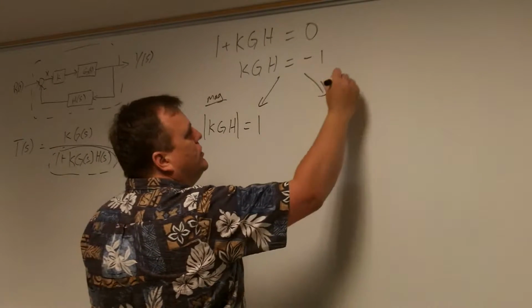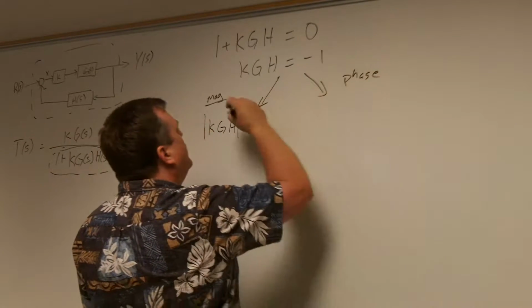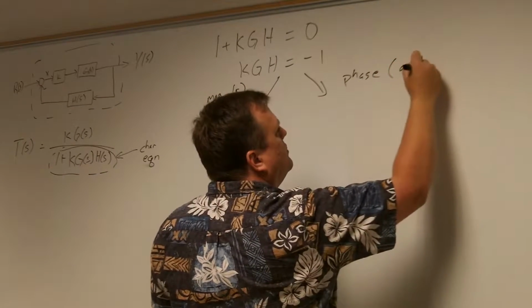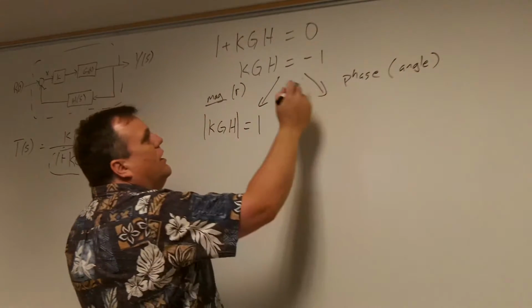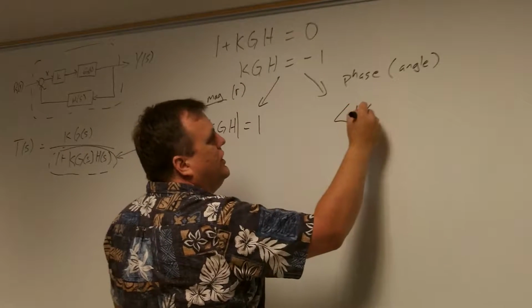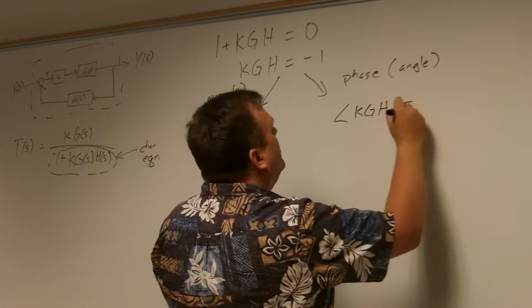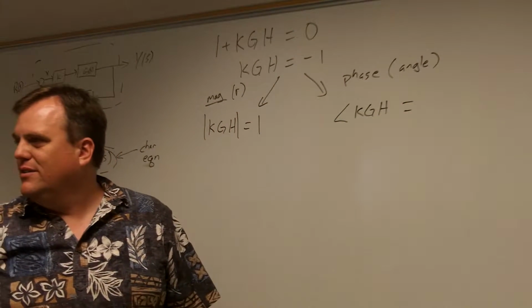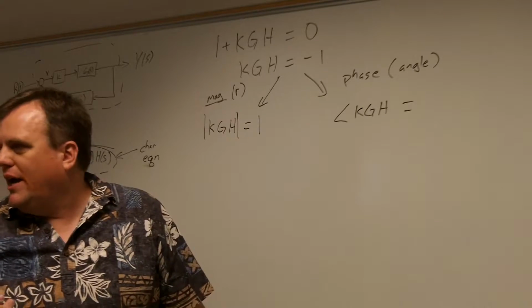The phase equation, so you can think of this as your radius, and this is your angle. The phase of this, again, I have to find out the angle of KGH. But that's equal to, what's the angle of -1? 180. That's 180, so it's pi.